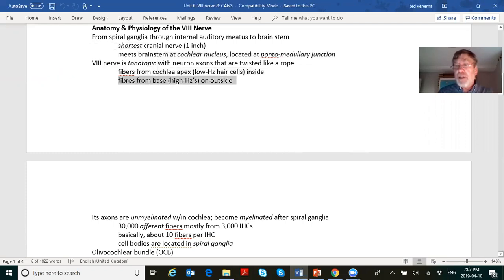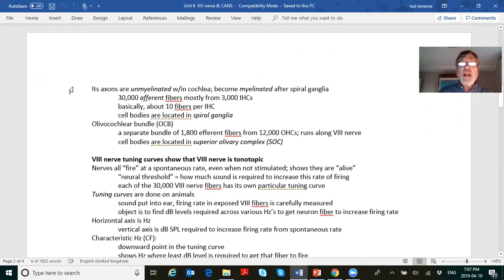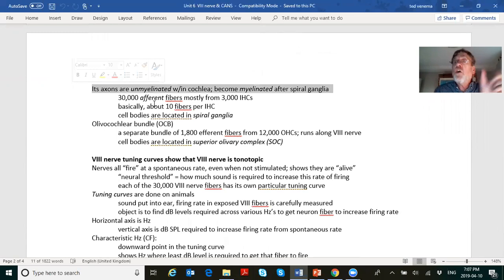And interestingly, the nerve is bipolar, but its axons are actually unmyelinated inside the cochlea. So the one short arm that goes from the spiral ganglia to the inner hair cells, that's unmyelinated. But the other arm, the longer arm that goes from the spiral ganglia to the cochlear nucleus of the brain stem, that's myelinated.